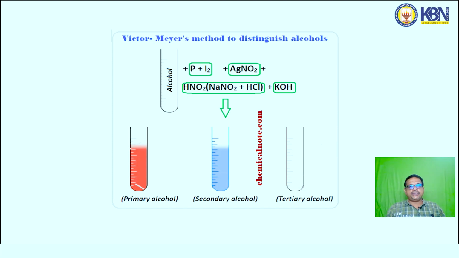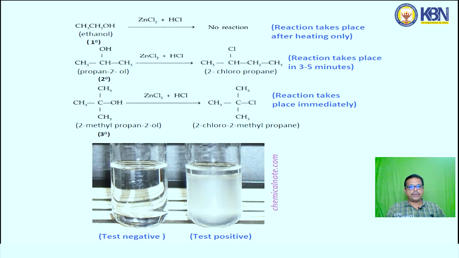So this is the Victor Meyer method to distinguish alcohols. Red color for primary alcohol, blue color for secondary alcohol, and a tertiary alcohol does not give any color. So this is Lucas test.